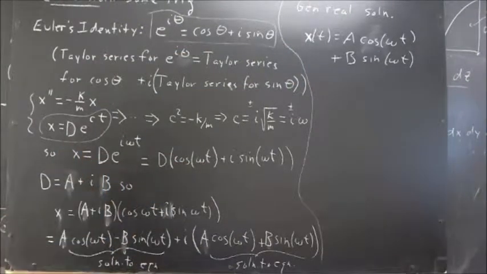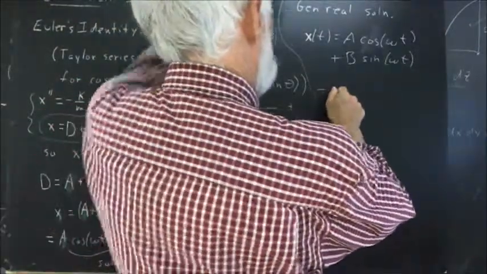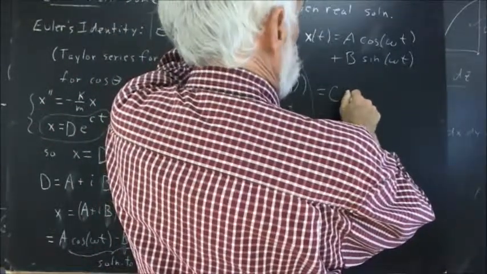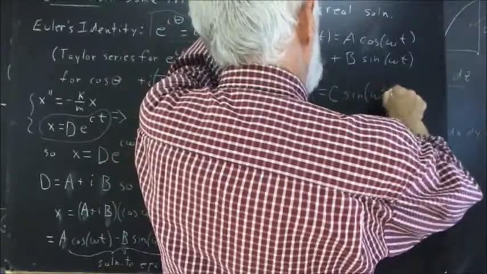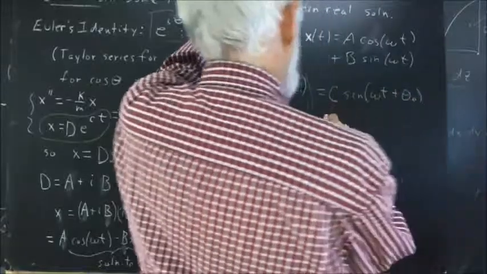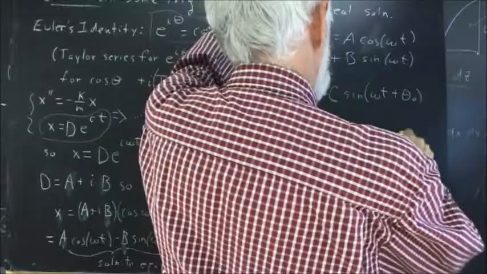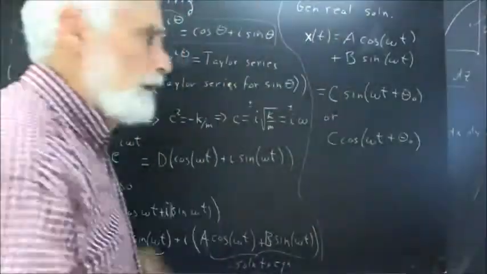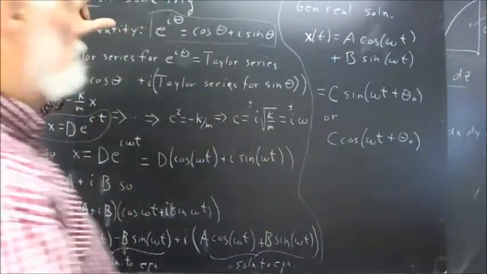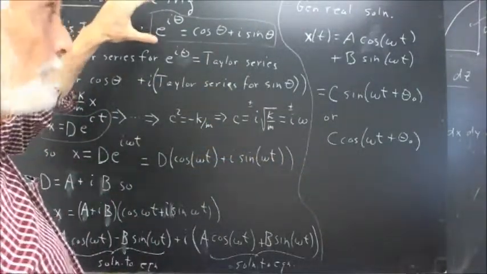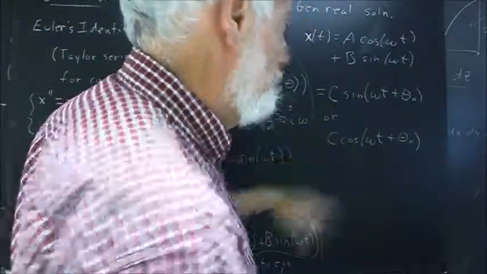Now, I claimed that this solution can be put in the form C sine of omega t plus theta naught, or C cosine of omega t plus theta naught. I haven't proved this. I'm going to use Euler's identity to derive the trigonometric identities we need to rearrange this as either this form or this form.